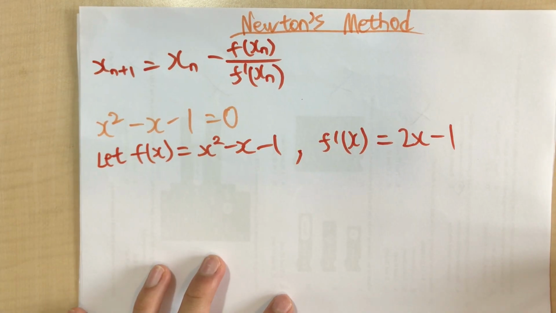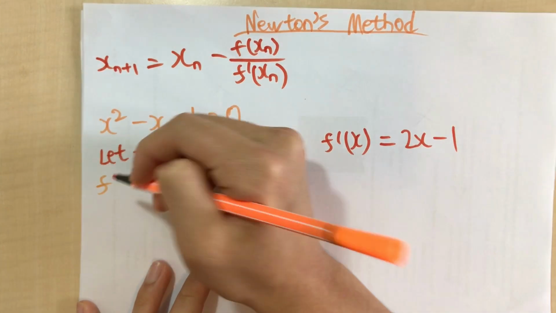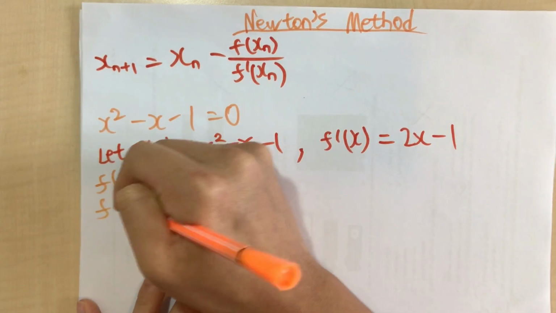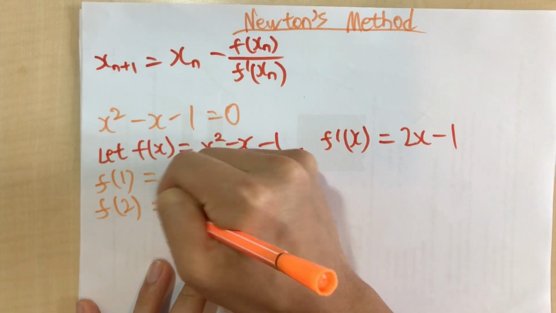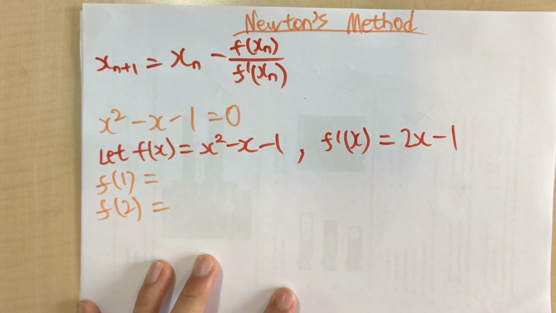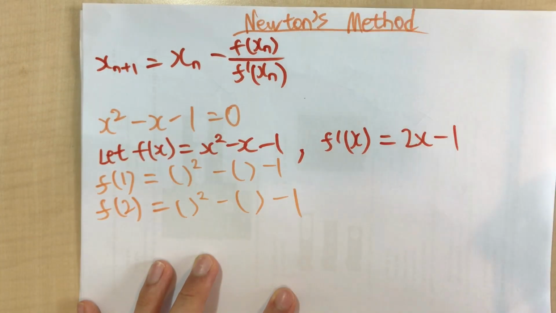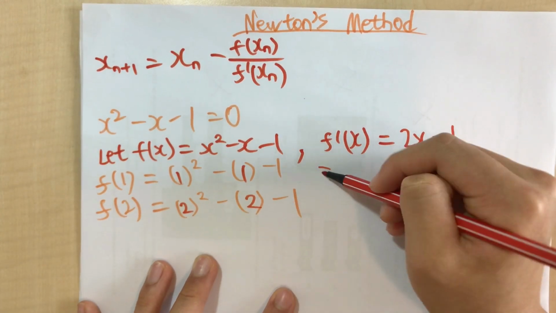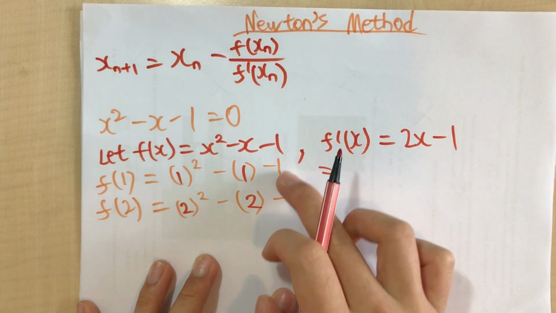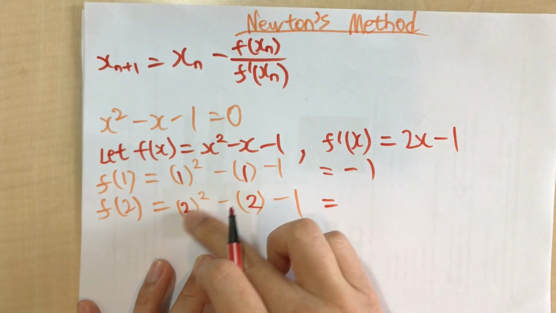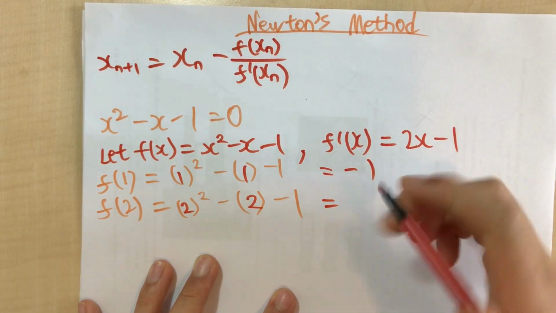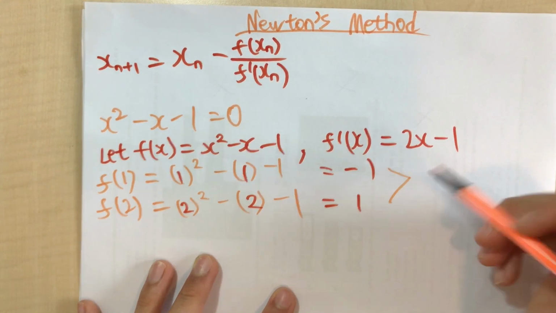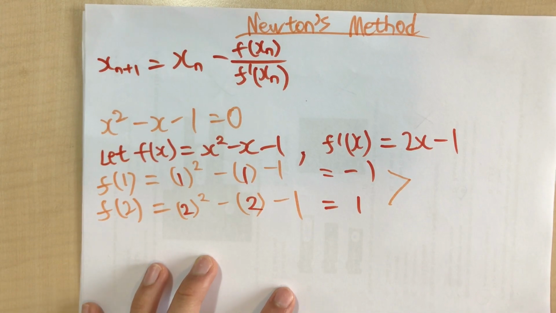Okay, the third step we need to do is to find some values of f of x. Perhaps I like 1 and 2. We will need to find both f of 1 and f of 2. Now we substitute x to 1 and 2. We get 1 squared is 1 minus 1 is 0 minus 1 is negative 1. 2 squared is 4 minus 2 is 2 minus 1 is 1. And then we pick a number between these two answers.